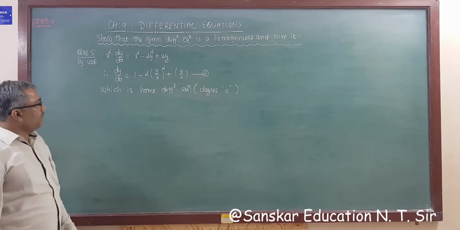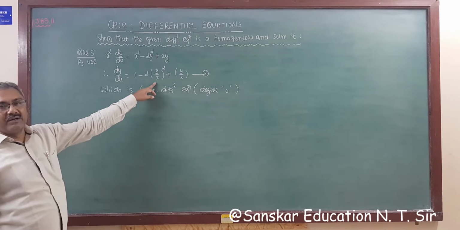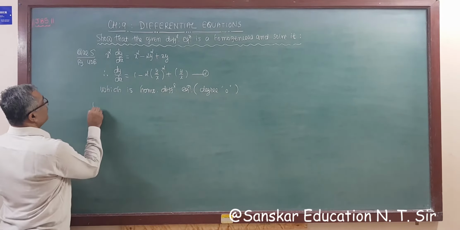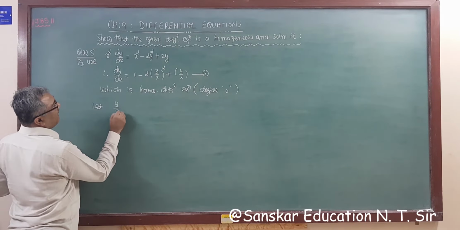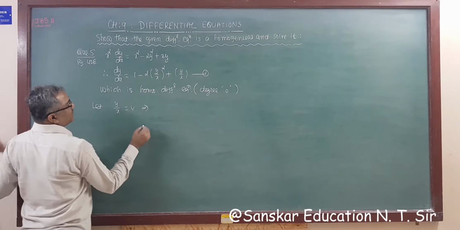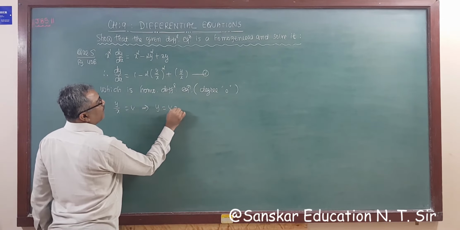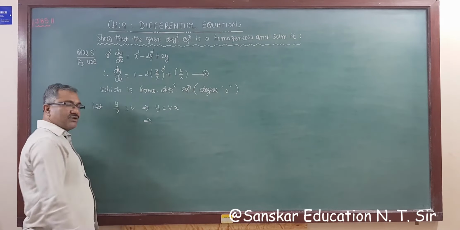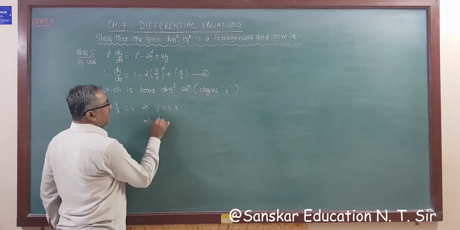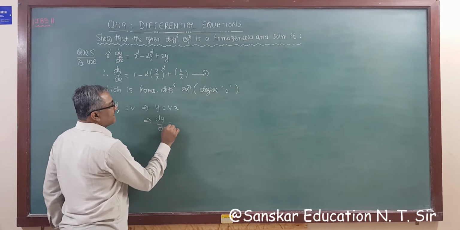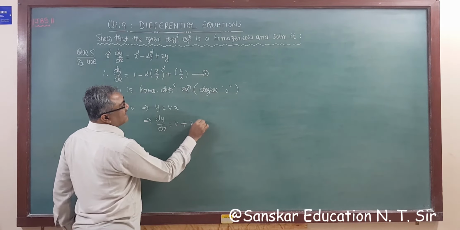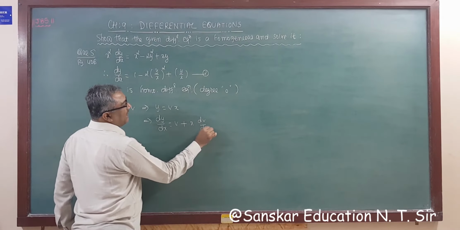So as usual, assuming y by x is equal to v, we get y is equal to vx. Differentiating as usual, we get dy by dx is equal to v plus x dv by dx.